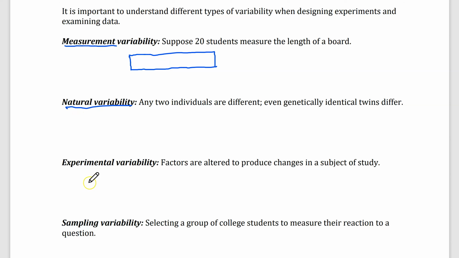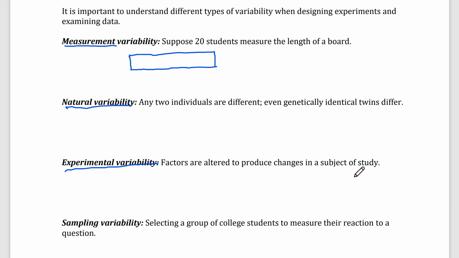But that gets us more into experimental variability. When I'm talking about where we put things, how much we water them, those are factors that we can alter. Those are things that change, that we can actually study. How much sunshine? How much water?